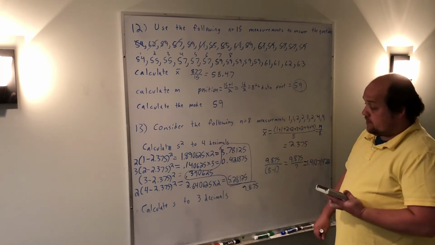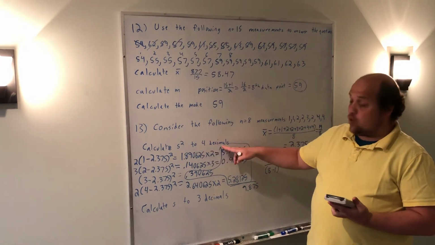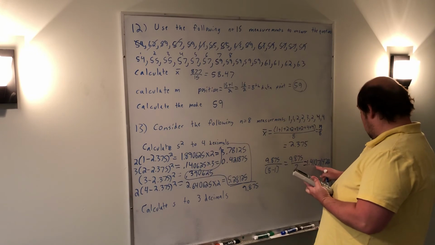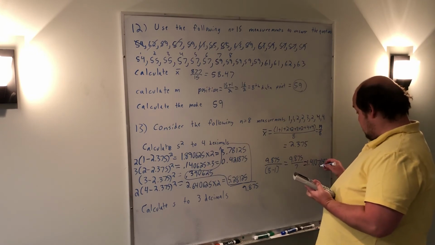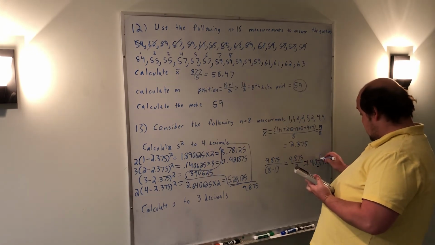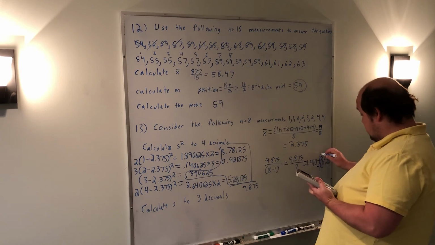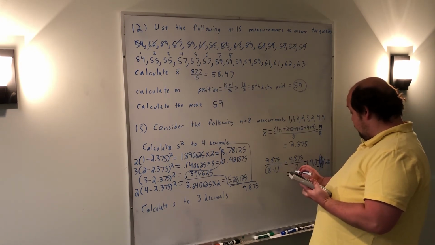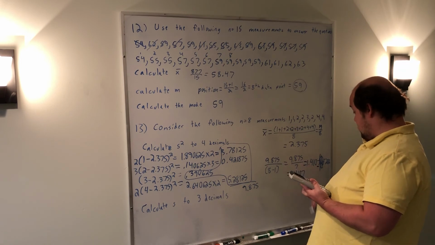When I put that into my calculator, divided by 7, I get 1.4107142286. But it specifically asks me 4 decimals. So I'm going to look at what's in the 1, 2, 3, 4th decimal place, this 7. After the 7 is a 1, so I can just drop it. That means my final answer is going to be 1.4107.